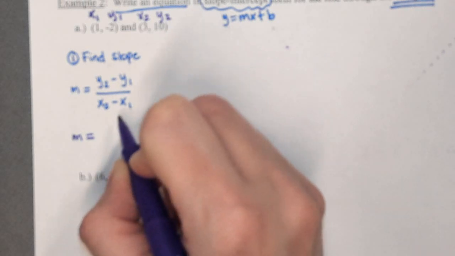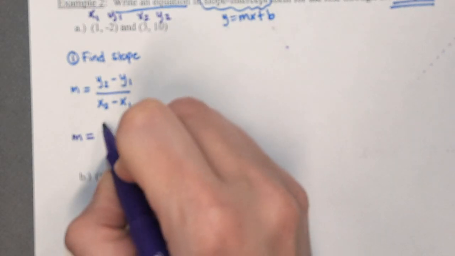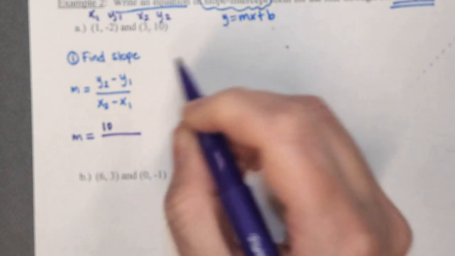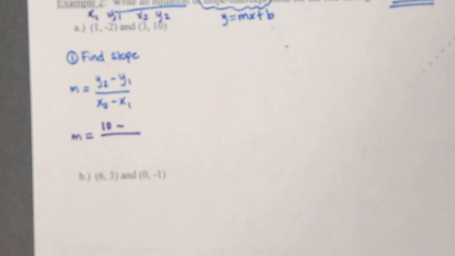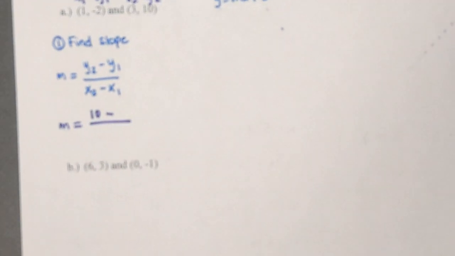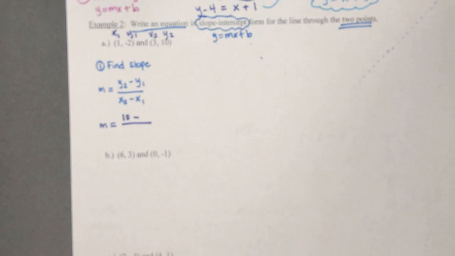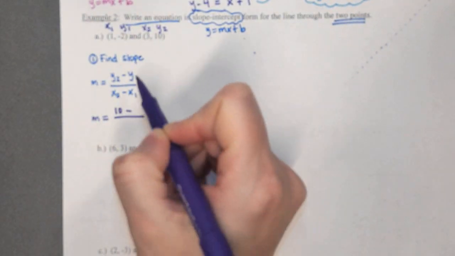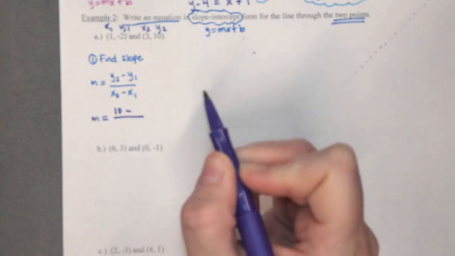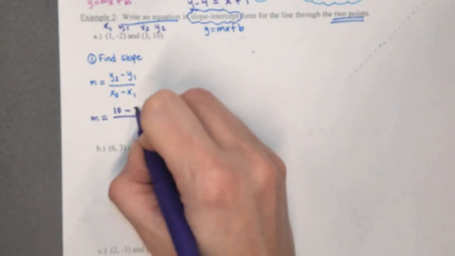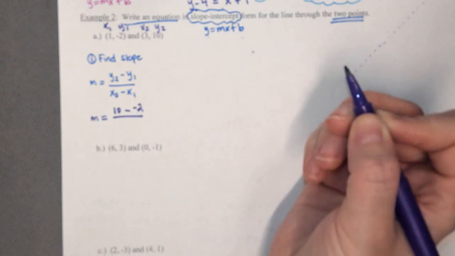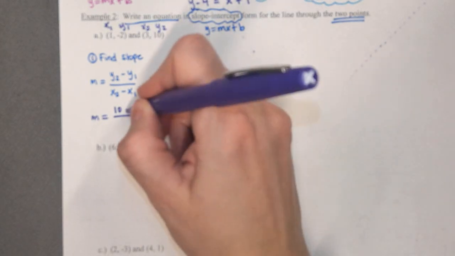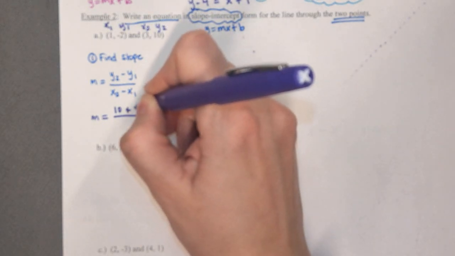Okay, so if you have your y2 labeled as 10, you're going to plug that in. Remember, it's always 10 minus. So it'll be 10 minus negative 2. So you'll put the minus and negative, and then after you write that down, you can write plus a positive.